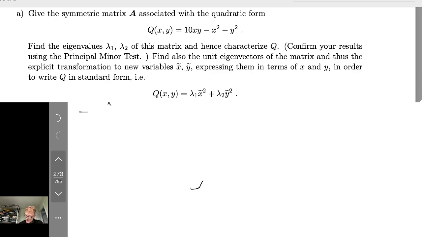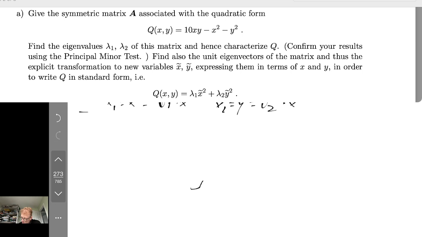So x1 tilde, or x tilde, is the eigenvector, well, let's say u1 times the x vector, and likewise x2 tilde, which is y tilde, is u2, the unit eigenvector, times the x vector.